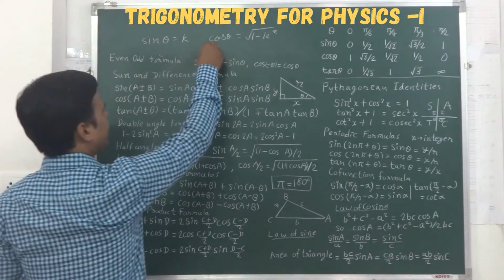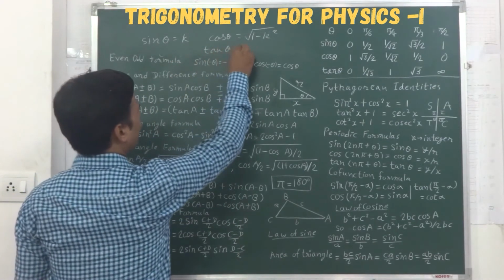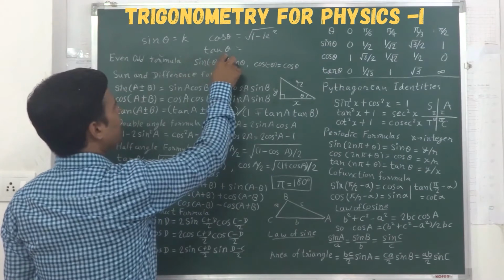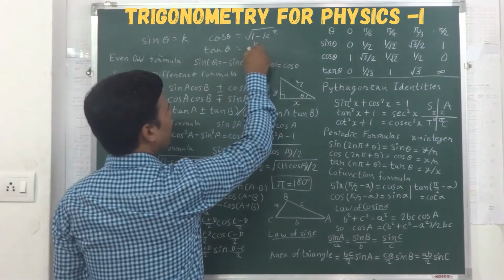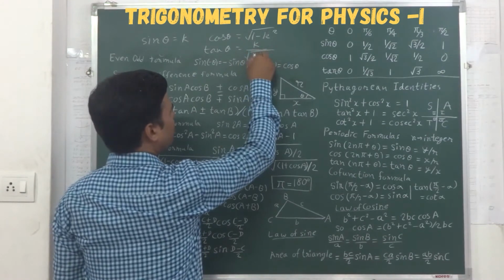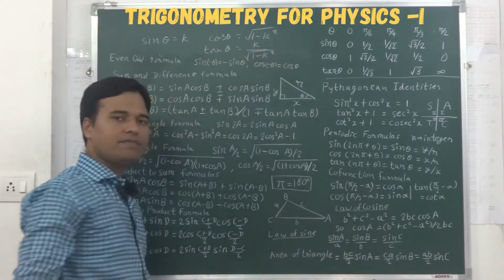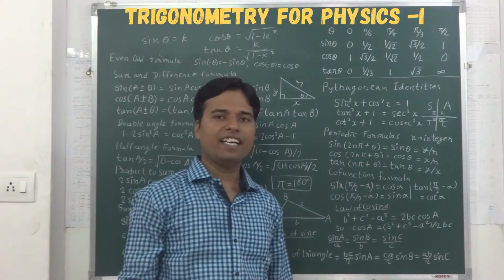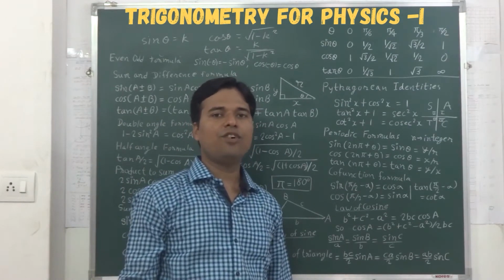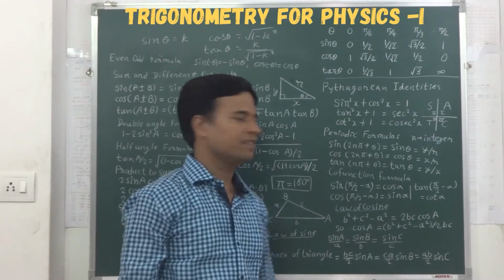For the tan of theta you can get this value using the sin theta upon cos theta function, k upon square root of 1 minus k square. These are some basic methods for finding the unknown value of a trigonometric function.